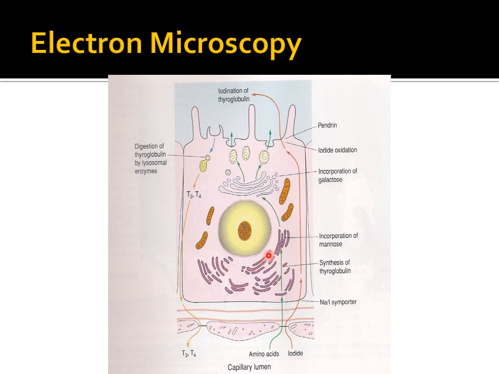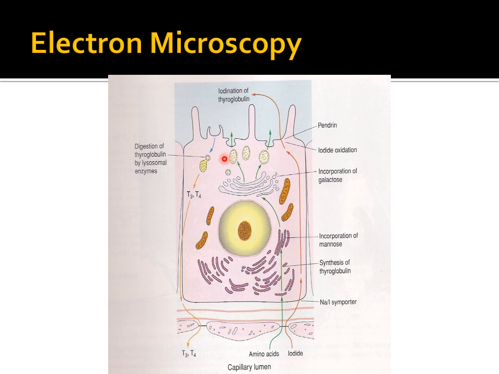Then this iodide passes through the cytoplasm and is carried towards the apical region of the follicular cells, where oxidation of the iodide takes place and iodine is formed. So by the oxidation of iodide, iodine is formed here in this Golgi apparatus, and then this iodine is carried out by the thyroid peroxidase enzyme, which is located at the apical plasma membrane of the follicular cells.